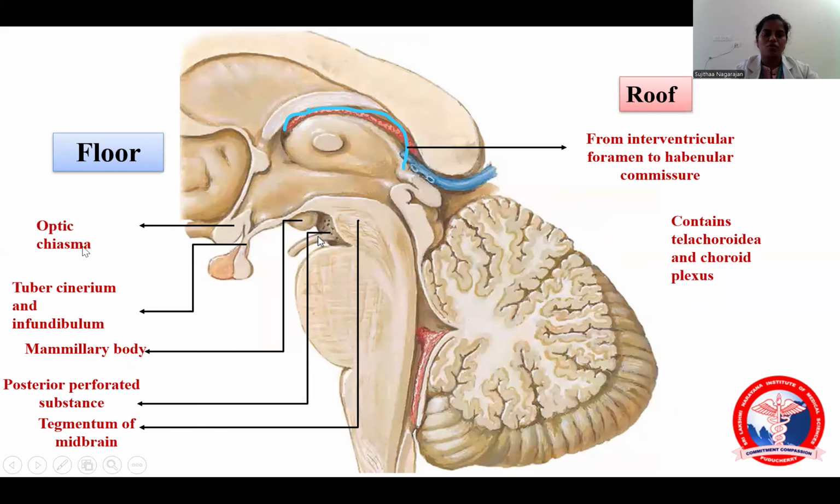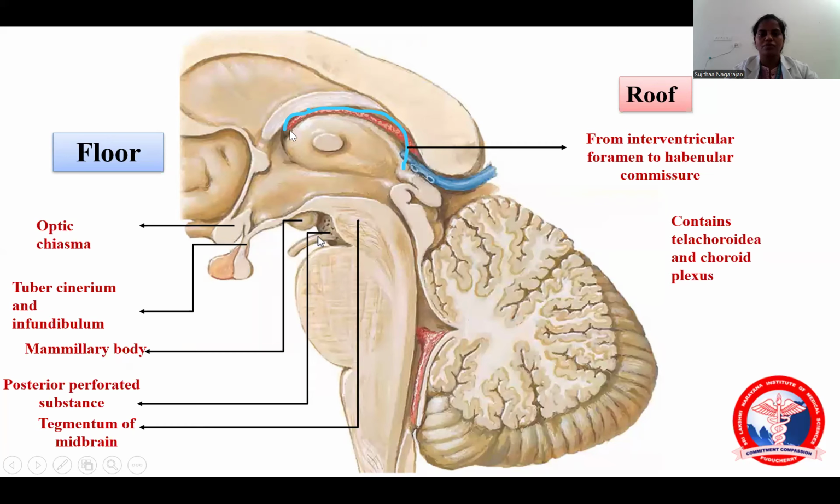So the floor is formed by all these structures from anterior to posterior, which includes optic chiasma, tuber cinereum and infundibulum, mammillary body, posterior perforated substance, and tegmentum of midbrain.